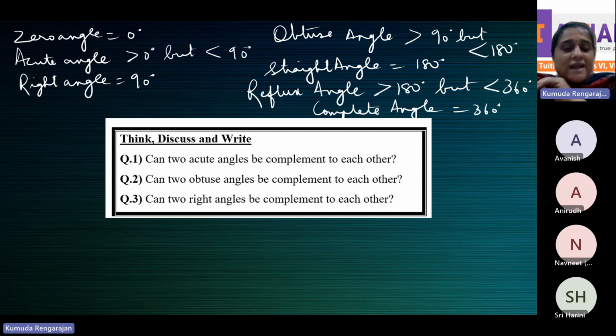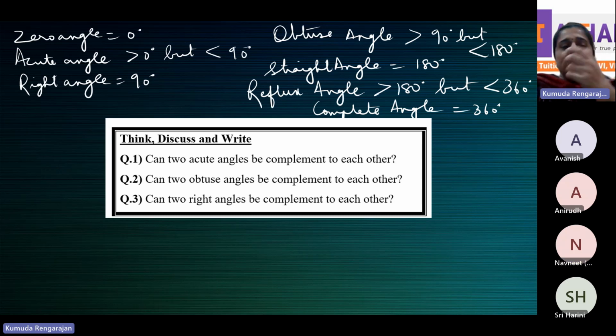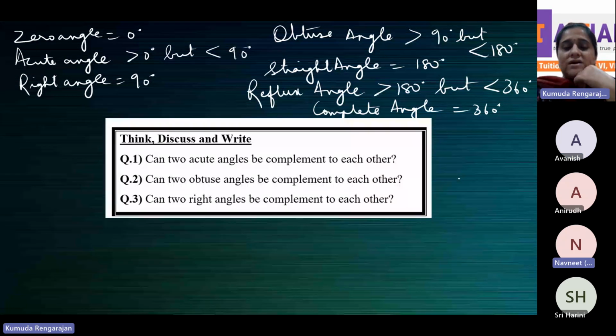Now the next question. Can two obtuse angles be complement to each other? Ma'am, no, ma'am. Okay. Because what is the measure of an obtuse angle? More than 90 degrees, less than 180 degrees.